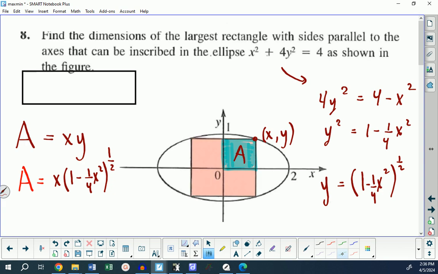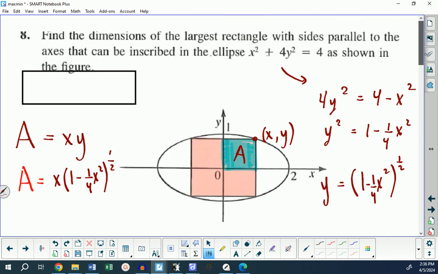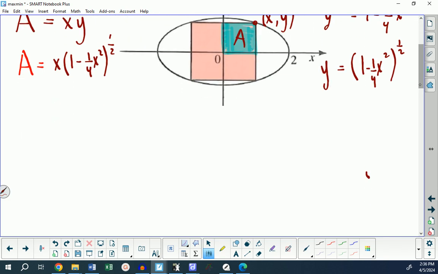Yeah, we'll differentiate from here. I was throwing around the idea of writing the x outside as the square root of x squared, so then I could put that x squared inside of the other square root. But I don't think that really does anything. Well, I've got a lot of space here. I'm going to have to use the product rule, where this is the first and everything else is the second.